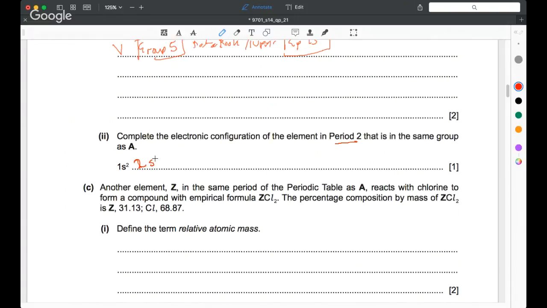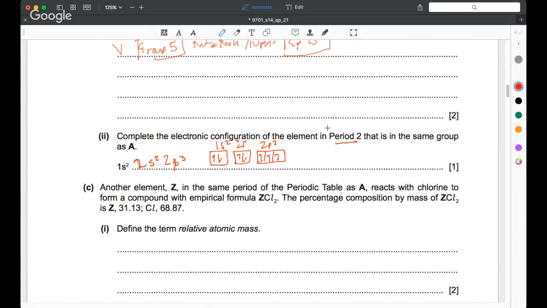Well, you'll fit 2 into the s atomic orbital, and you'll fit the remaining 3 into the p atomic orbitals. So if you wanted to write that out by hand, you'd have 1s2, then you've got the 2s2, and then you've got the 3 electrons in the singly occupied p orbitals there. You've got 1s2, 2s2, and 2p3.